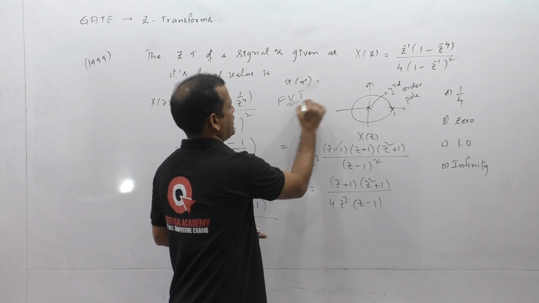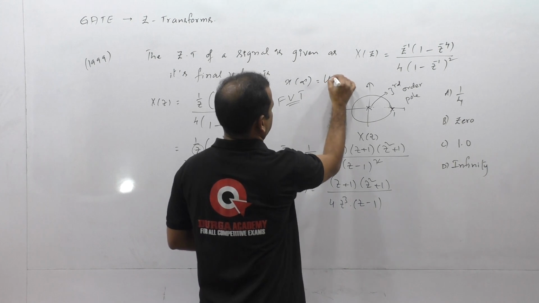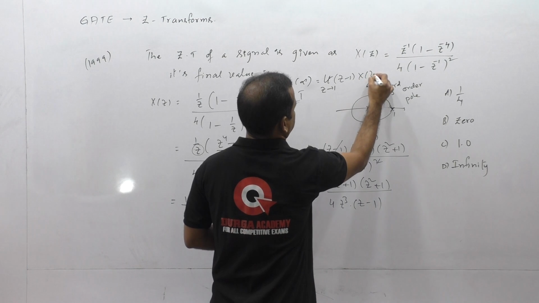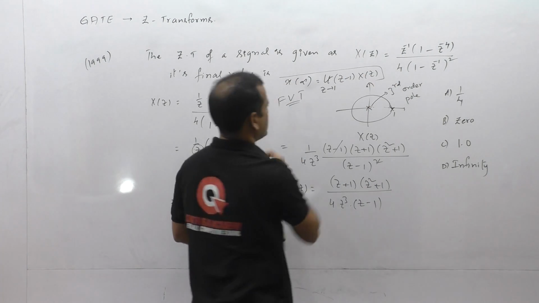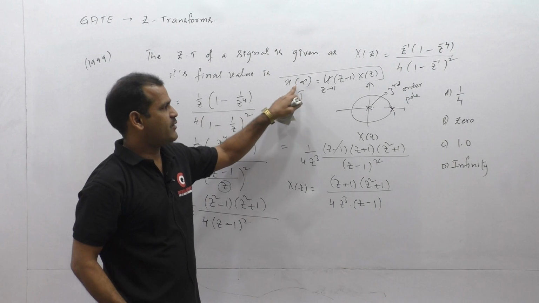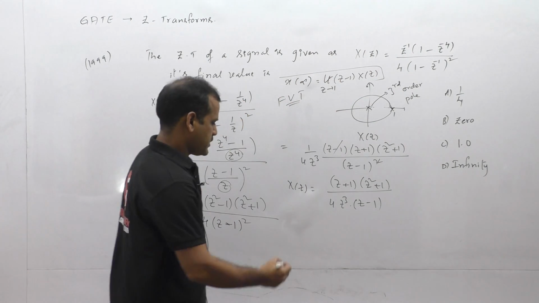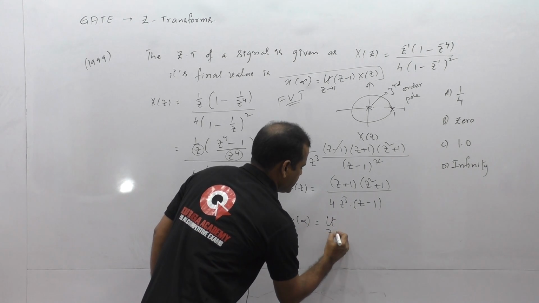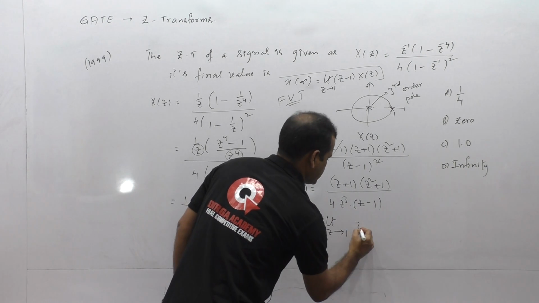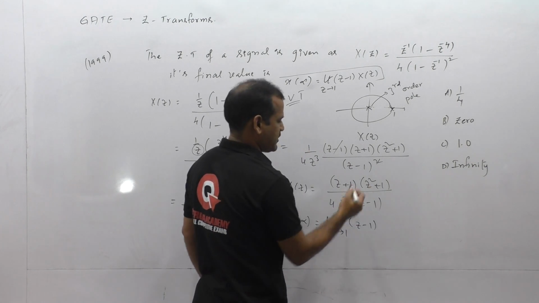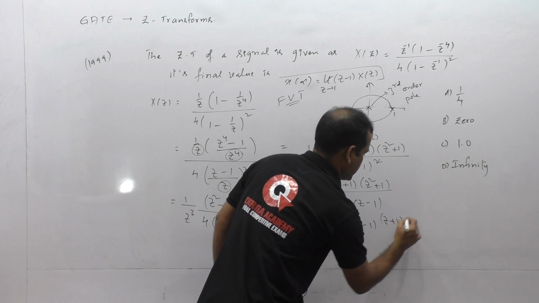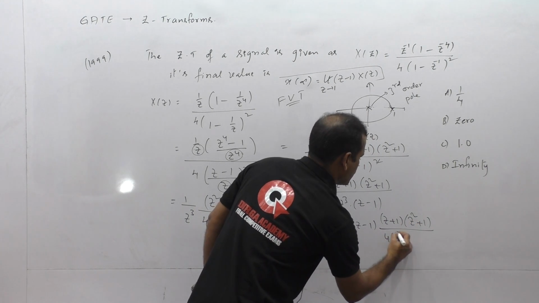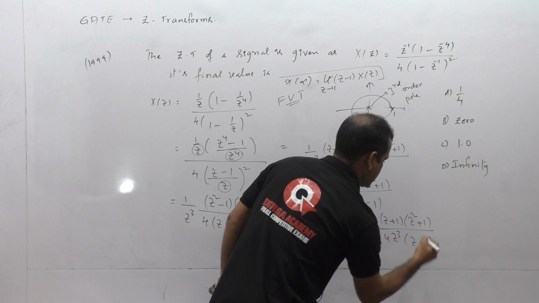So we can apply the final value theorem, which says the limit as z tends to 1 of (z − 1)X(z). By using this formula we can find the final value. So x(∞) is the limit as z tends to 1 of (z − 1) multiplied by X(z), which is (z + 1)(z^2 + 1) divided by 4z^3(z − 1).